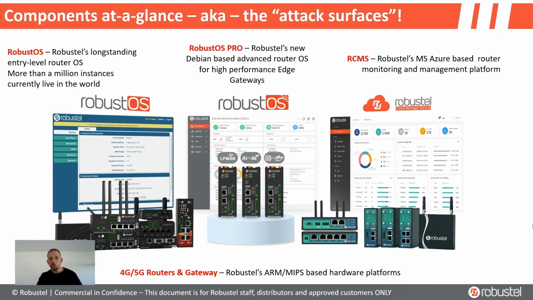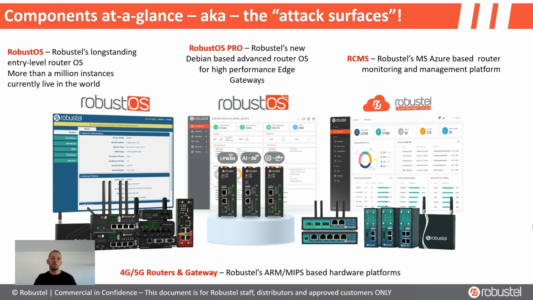So cybersecurity in Robustel, it seemed a good thing to do to define the attack surfaces. So where does Robustel have something that could be in the way of malicious actors?